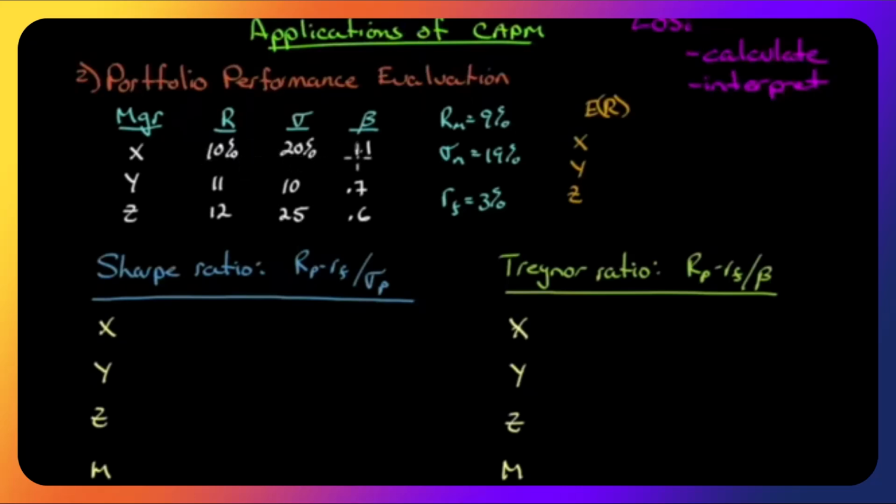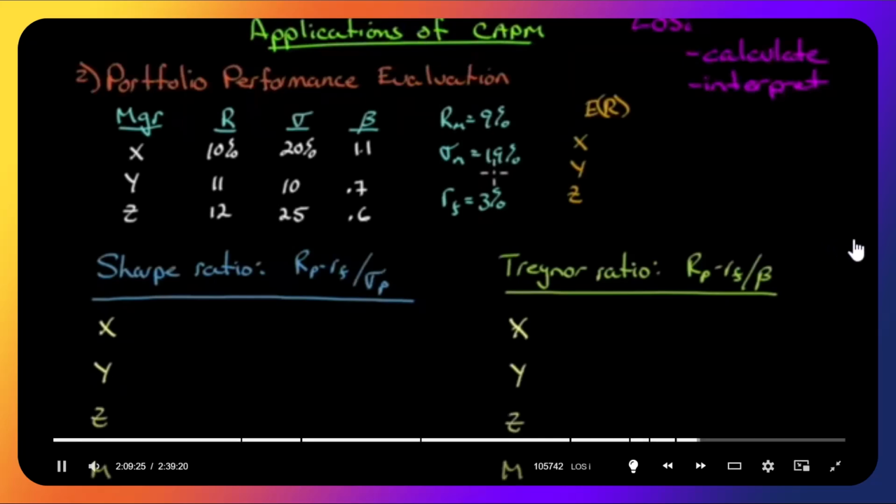The market returned 9% with a standard deviation of 19, and the risk-free rate was 3%. By the way, right around 20%, that is the proper measure of risk on the market as a whole. That's about right. So we're using numbers that are very close to what it would be in reality here.